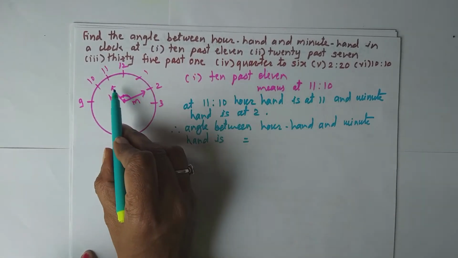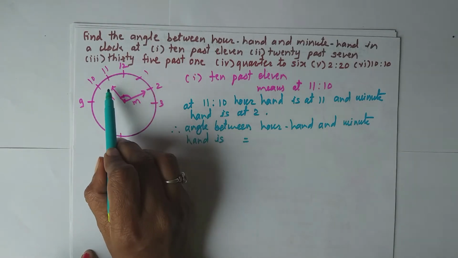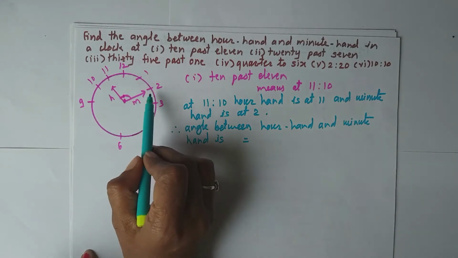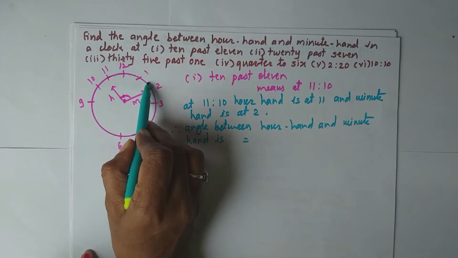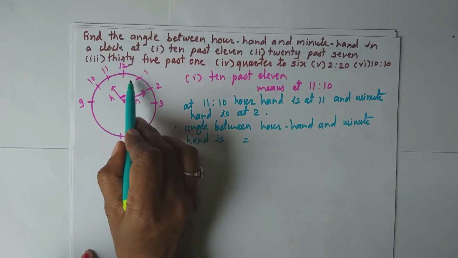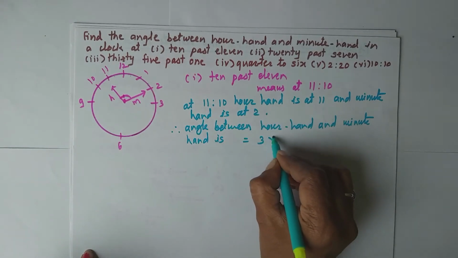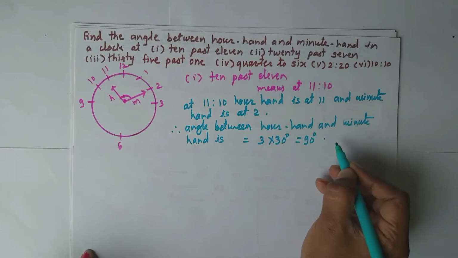See how many divisions are between 11 and 2. There are 3 divisions, 1, 2, 3. In one division, it moves through 30 degrees. In 3 divisions, it moves 3 into 30 degrees, that is 90 degrees.